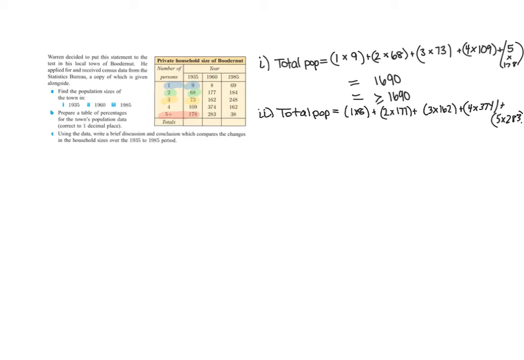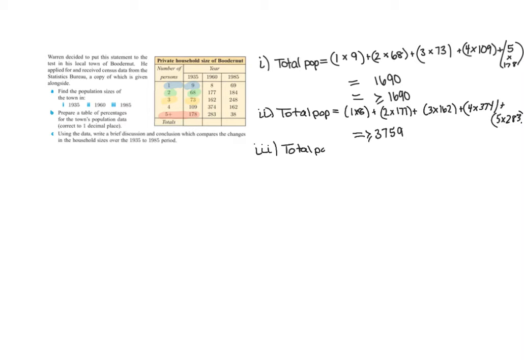And you'll notice just by looking at those numbers that this is probably going to be bigger than the 1935 population, which is true. So this was 3759. And again, this was greater than or equal to.